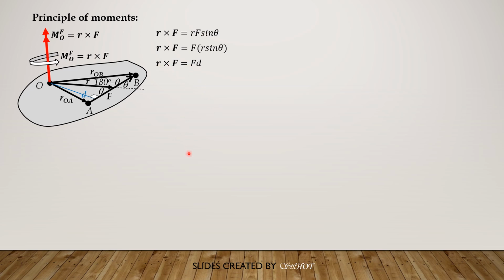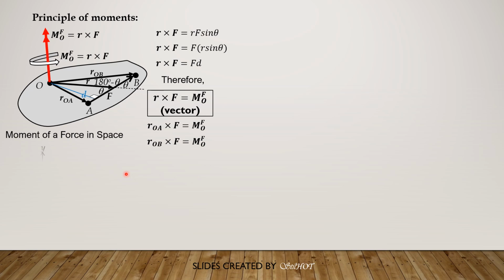So we now interpret that R cross F is really the moment of the force about point O. And remember that the position vector should be from the moment center O to any point on the line of action of the force. So therefore, the moment of the force about O is also R_OA cross F. It is also R_OB cross F.